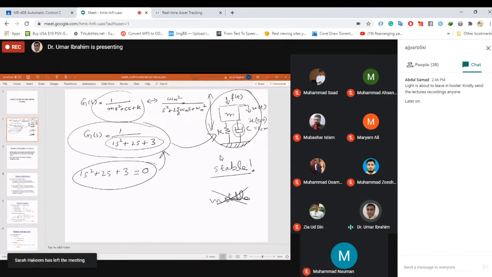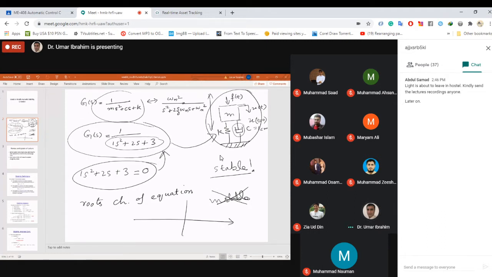Now, if you find the roots of this characteristic equation and plot them on the complex plane, where this is real positive and this is imaginary positive, this whole plot is called a complex plane plot.